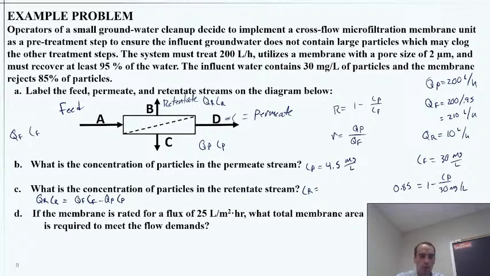So 210 times 30 minus 200 times 4.5, and divide all of that by the Q rejected, which is 10. That should give us 540 milligrams per liter.